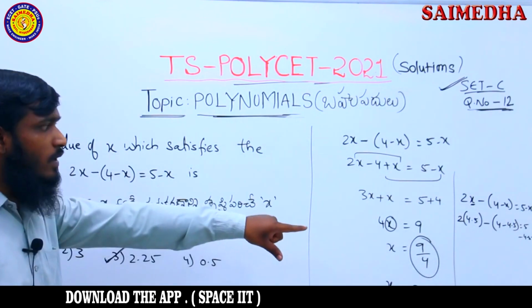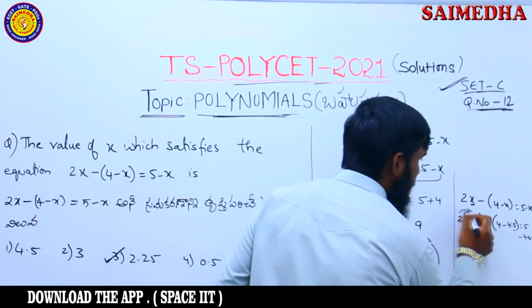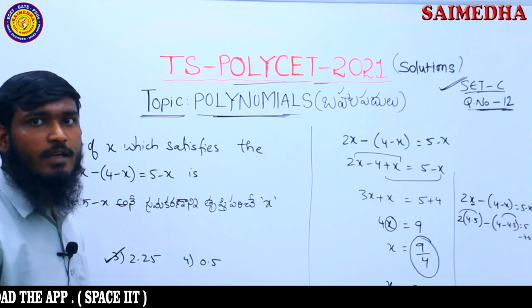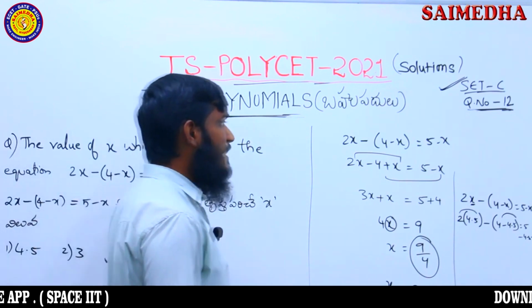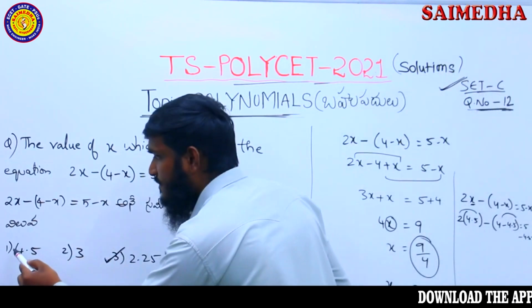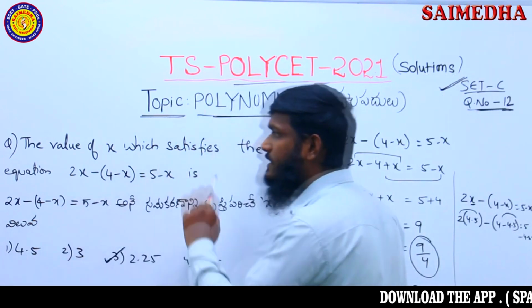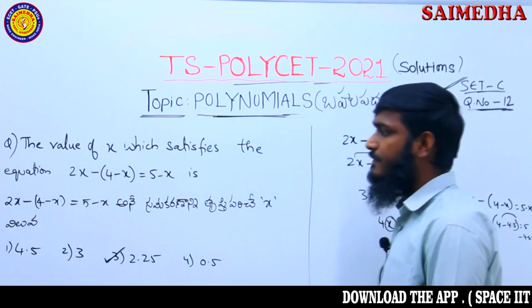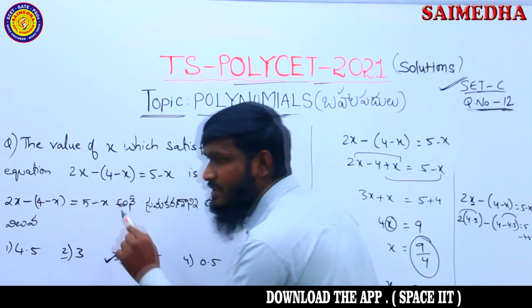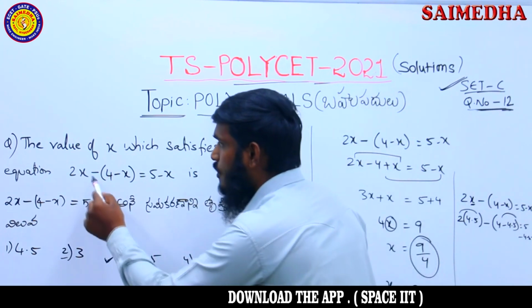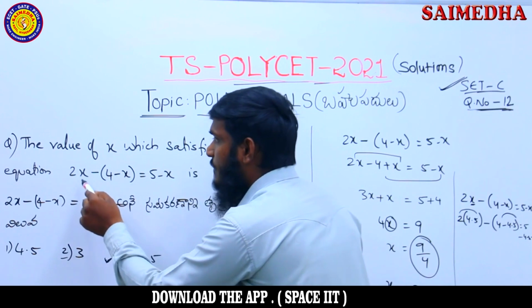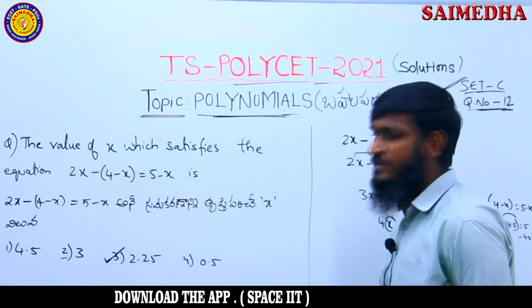After solving this, it should satisfy the equation. This is the other method you can use for the same problem. When you take option number 1, 4.5, it is not satisfying the equation. For option number 2, x equals 3, again it is not satisfied.